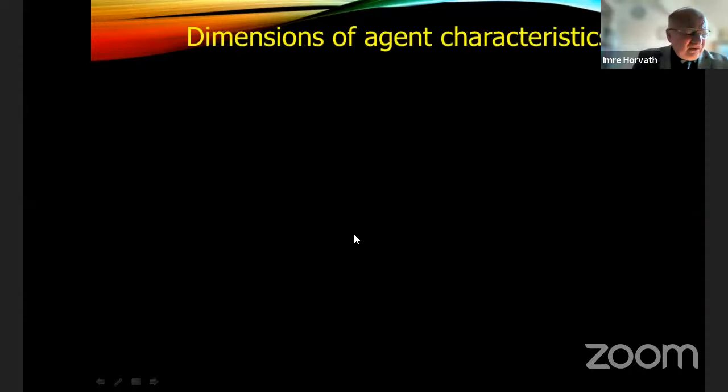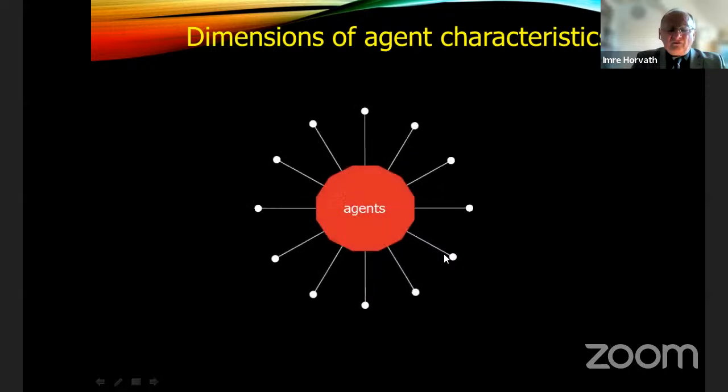When we want to taxonomize the agents, we actually have to see, first of all, what sort of dimensions are out there for the classification. Then we have to consider the characteristics.